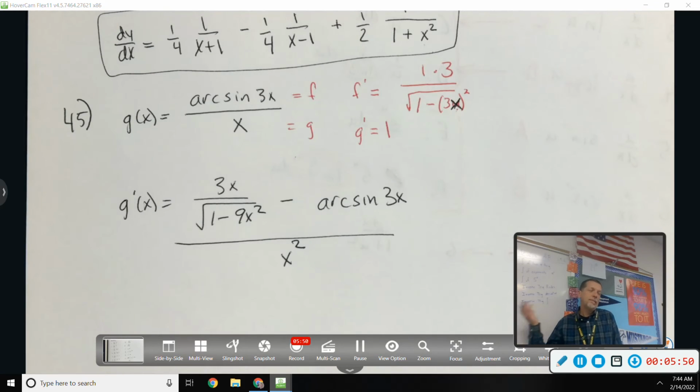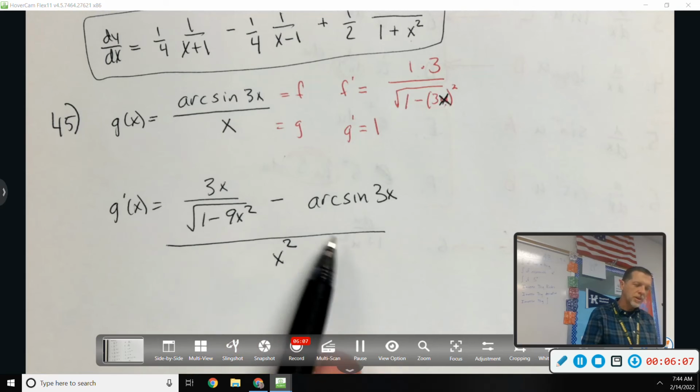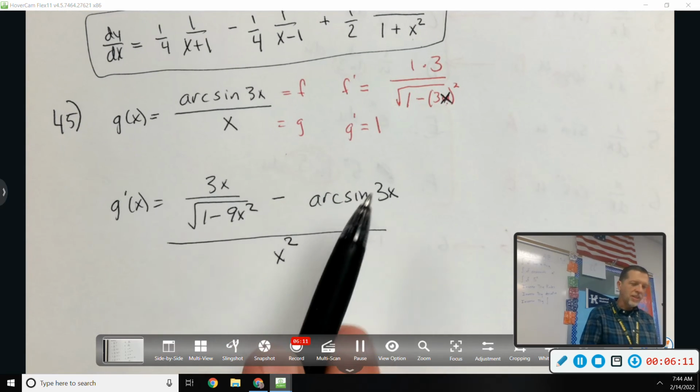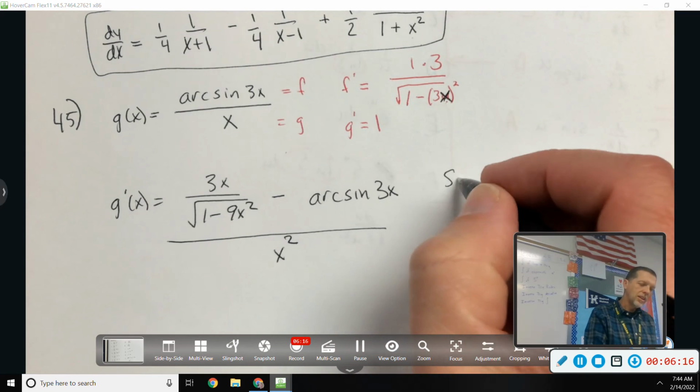And I don't know what CalcChat does from there, but the rest is algebra, so that's a safe stop. And I don't even know that, I mean, you could clean up by multiplying through by this square root, but it would clean up this fraction, but it would make this ugly and this ugly, so it's a safe stop and be done.